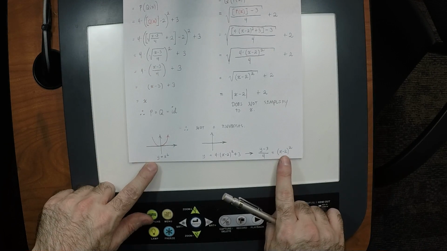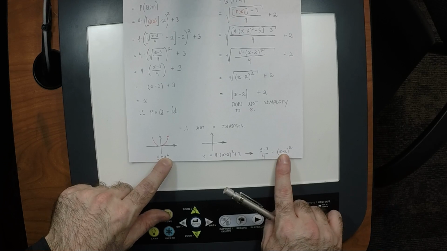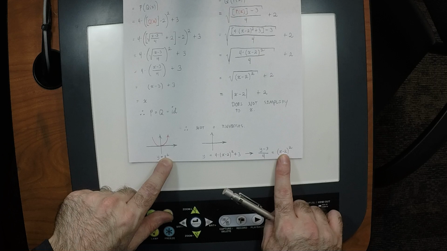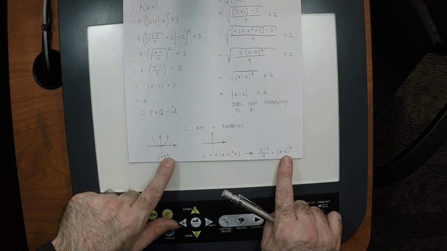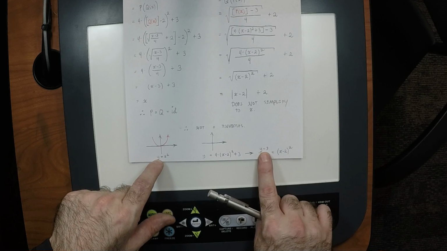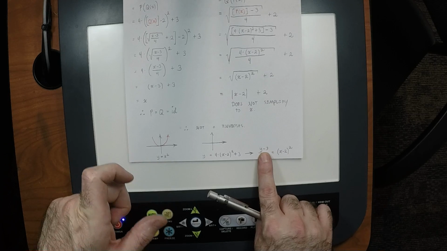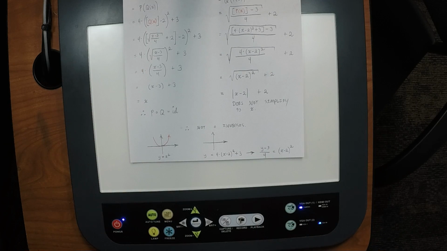So now, x to x minus 2 means what do we do with the plot? Means right 2. Move the plot to the right 2. And y to y minus 3 means what do we do with the plot? Means up 3. And then dividing all that by 4 means make it tall.